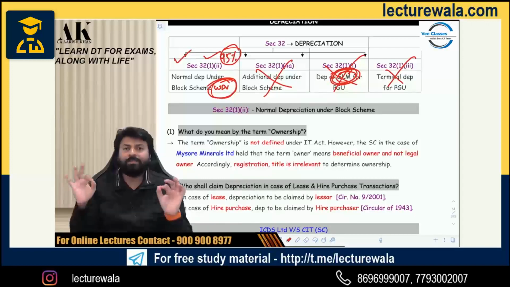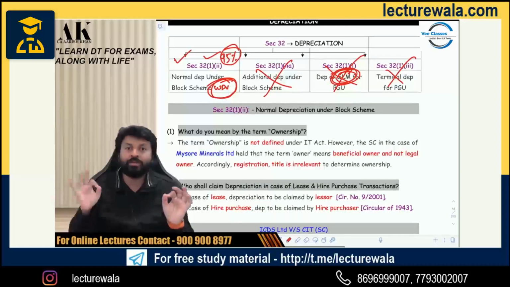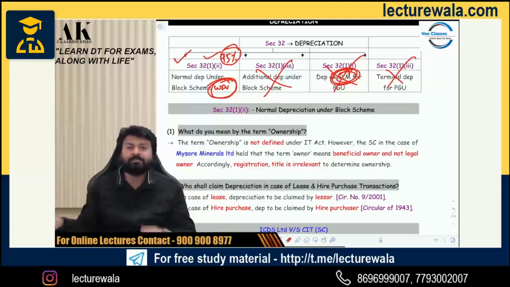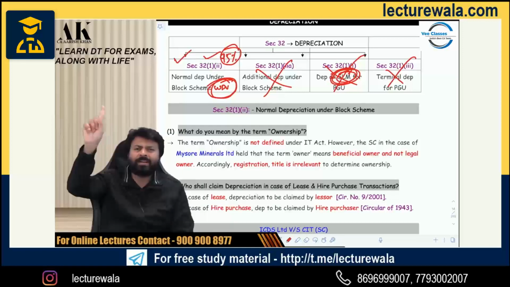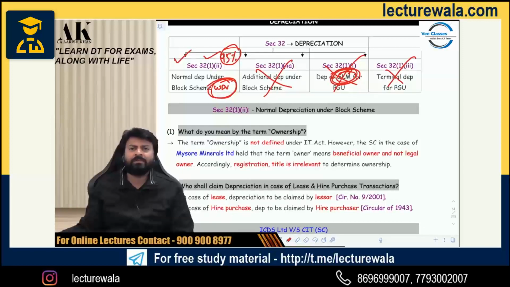So if you want to claim depreciation under the income tax law, you need to be the owner of the asset. Owner means, I don't know. So we have to go to the Supreme Court. And the Supreme Court held in the case of Mysore Minerals Limited, a landmark judgment, and has given us the touchstone to identify what is owner and what is not.